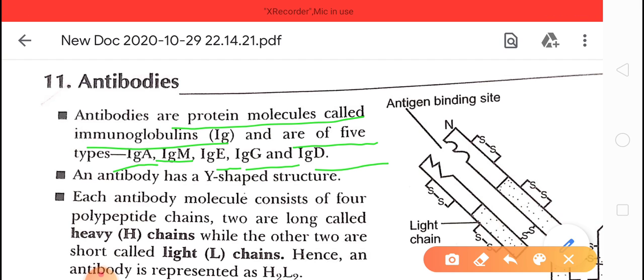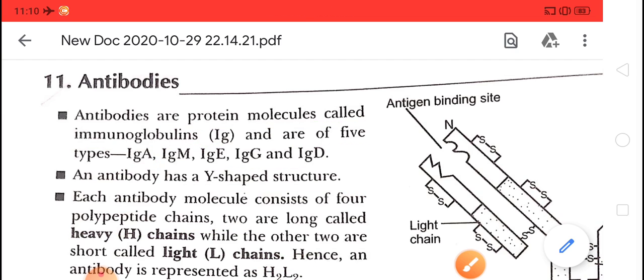Okay, if we see the structure of an antibody, it has a Y-shaped structure and is represented by the formula H2L2. Okay, H2L2 means two heavy chains and two light chains, they join by disulfide bonds and form the antibody.